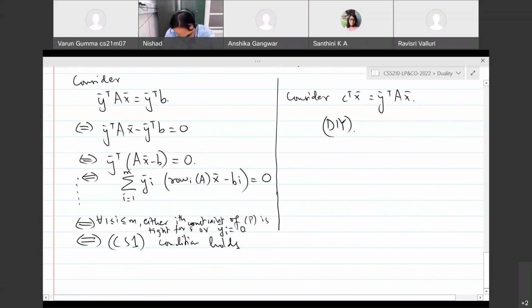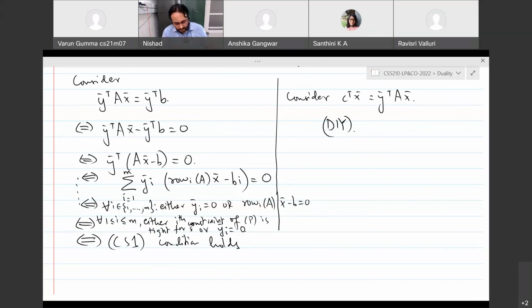So in particular, this implies that for all i going from 1 to m, either yi bar is 0 or the ith row of A times x bar is equal to bi.